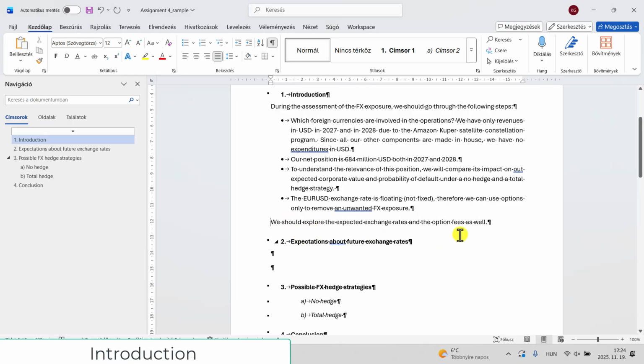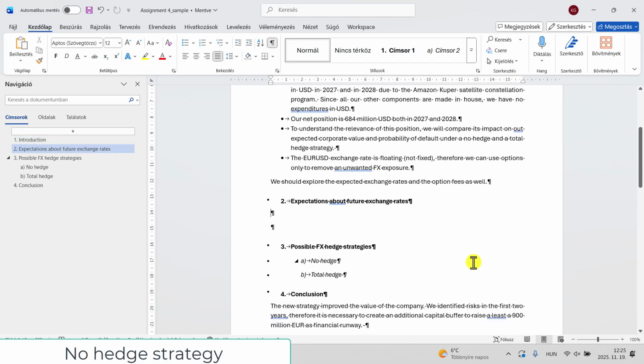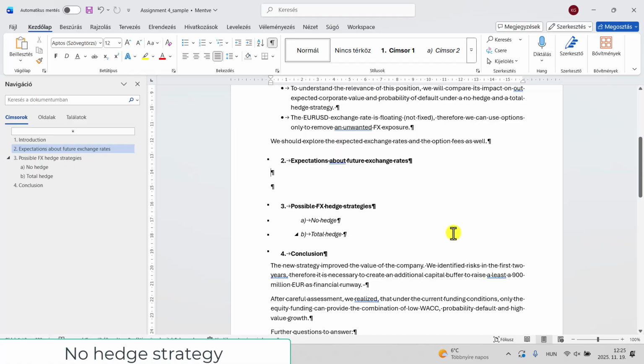I think that's okay. So this is the list of necessary steps, and then we can see what happens. So expectation about future exchange rates.